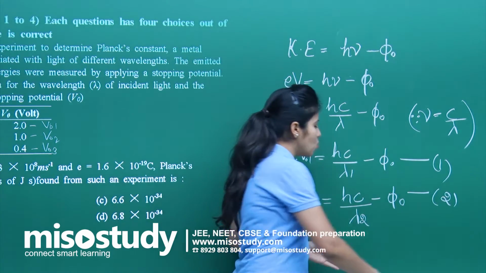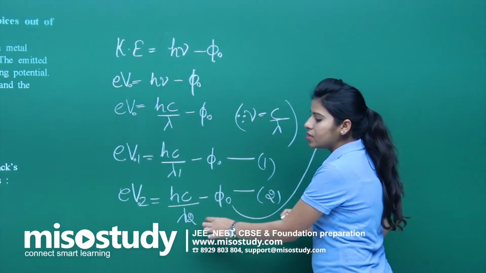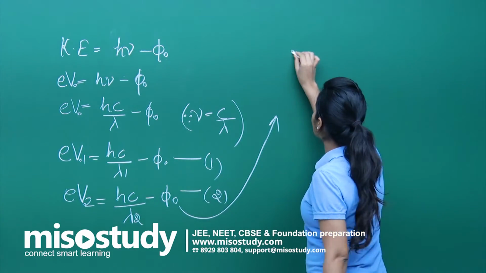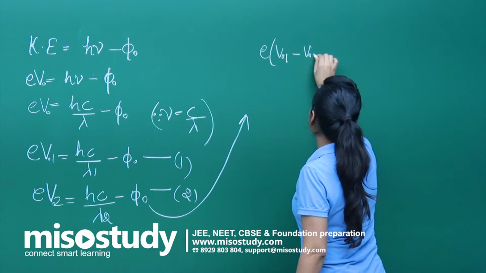Now we can subtract these two equations. So I write e into V01 minus V02.